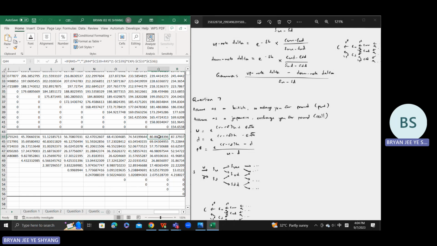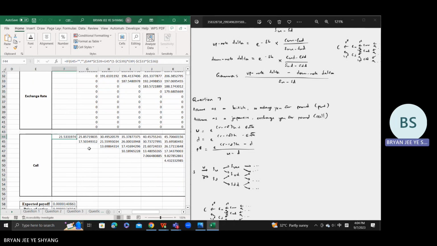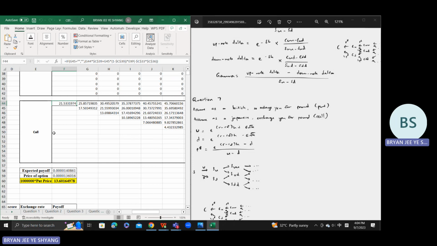We discount back each period's payoff until the first one, and we get the call price.